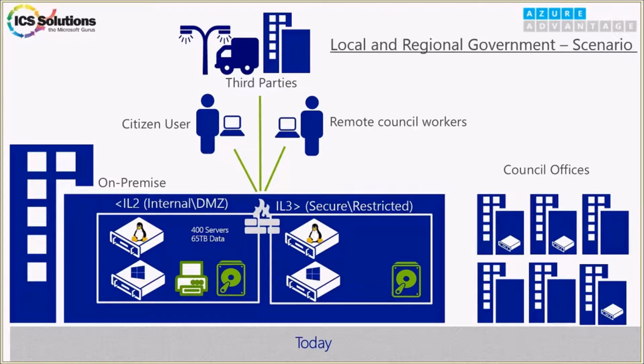We're having to deal with maybe a large amount of data and a large amount of servers. And we're going to be focusing really on that IL2 side of the infrastructure and talk about ways within Windows Azure and Microsoft Cloud Services on how we can help tackle the data explosion and server explosion.